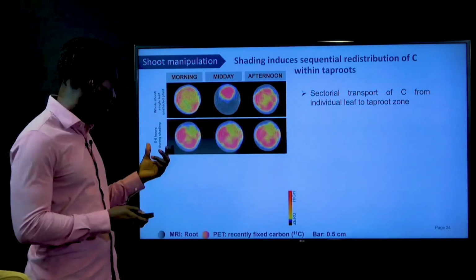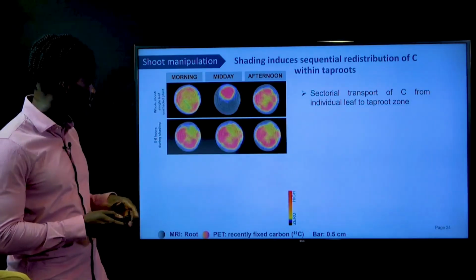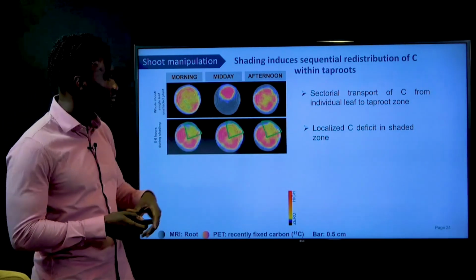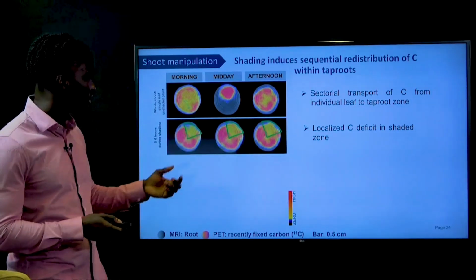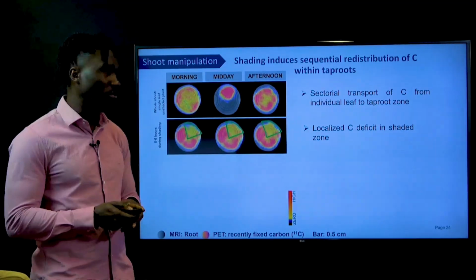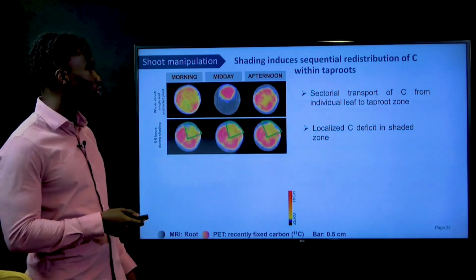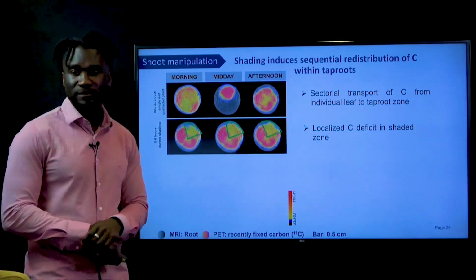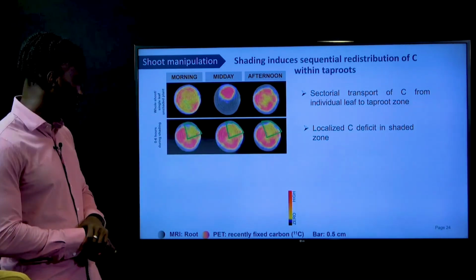And here, 0 to 6 hours during shading, we observed that a sector of the taproot was deficient in 11C, where the 11C signal was reduced for the sector where the shaded leaf previously supplied its photoassimilate, and therefore we could confirm that shading induces a localized 11C deficit within the taproot.